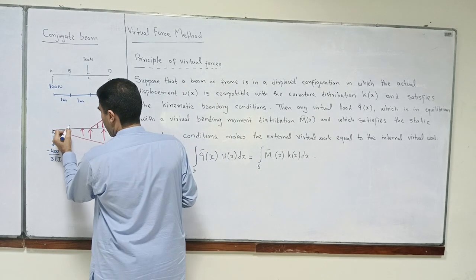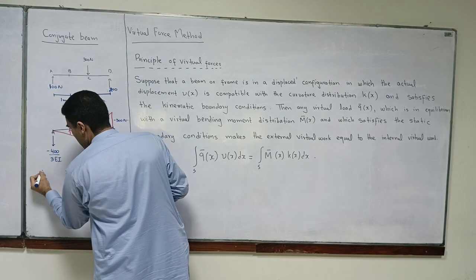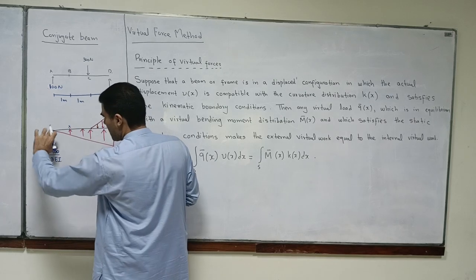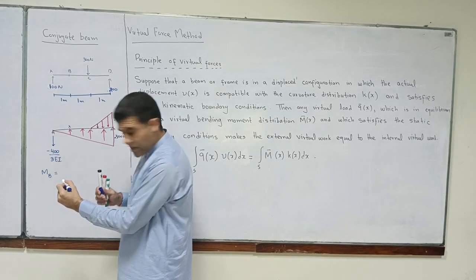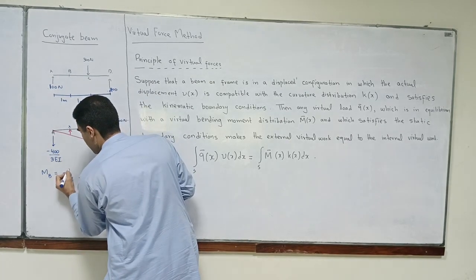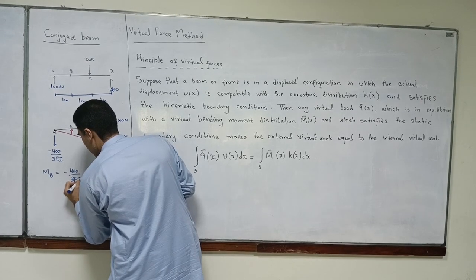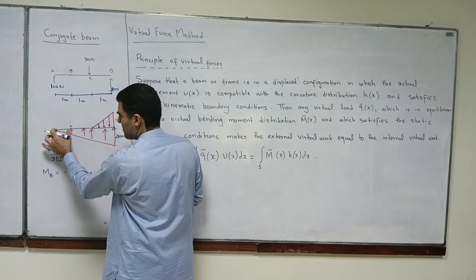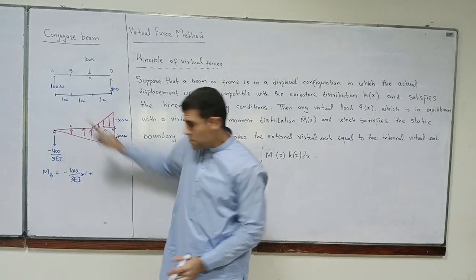Now, in order to find the moment at B, we multiply this reaction with 1. So that comes out to be minus 400 by 3 EI times 1, plus this portion of the bending moment which is facing up.